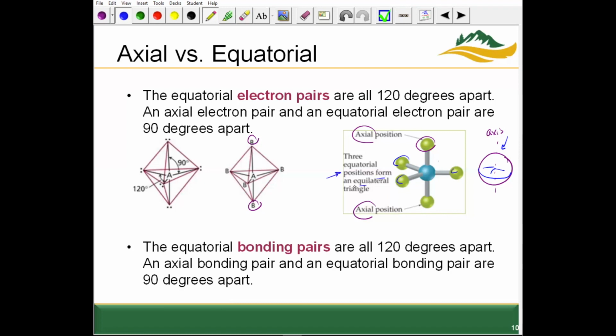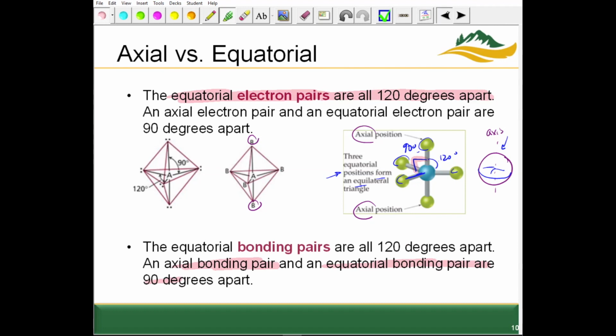They form an equilateral triangle where those bond angles again are 120 degrees, whereas this bond angle between an atom in the axial position and an atom in the equatorial position is 90 degrees separation. So the equatorial electron pairs are all 120 degrees apart, whereas the axial bonding pair with an equatorial bonding pair are 90 degrees apart.